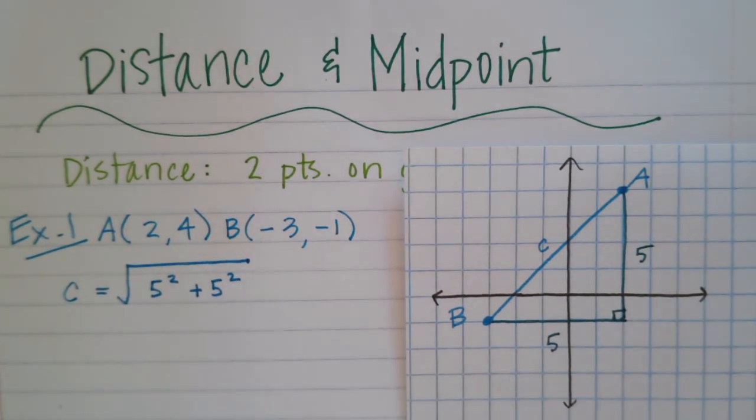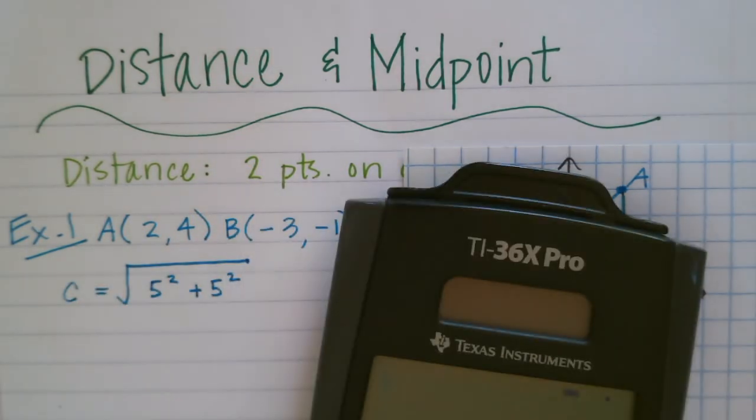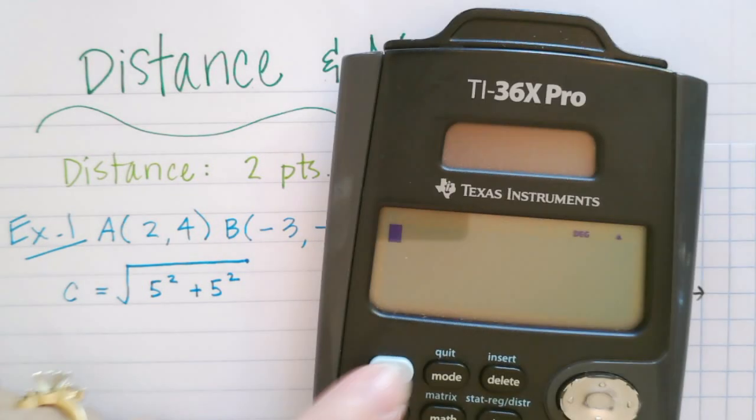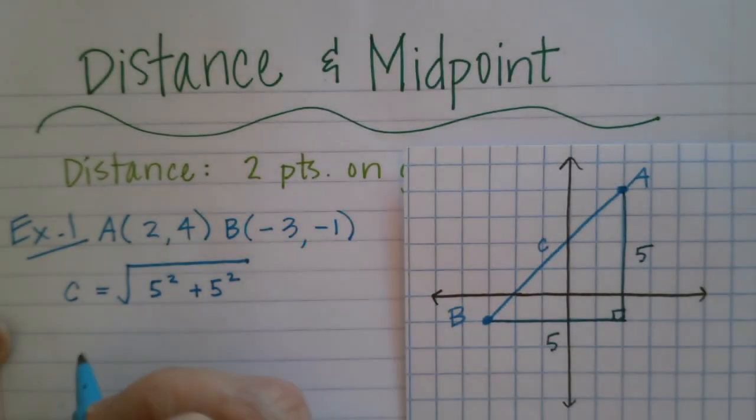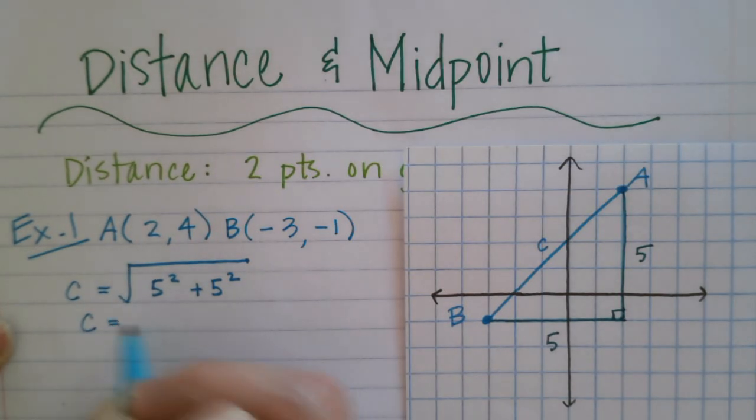I'm going to go over to the calculator and type it in exactly like that. The square root of A squared plus B squared gives 7.07, and I'm just going to say 7.1.